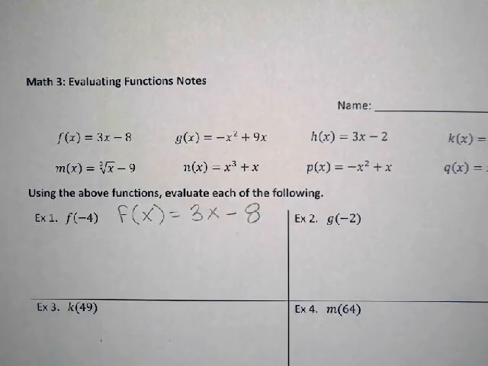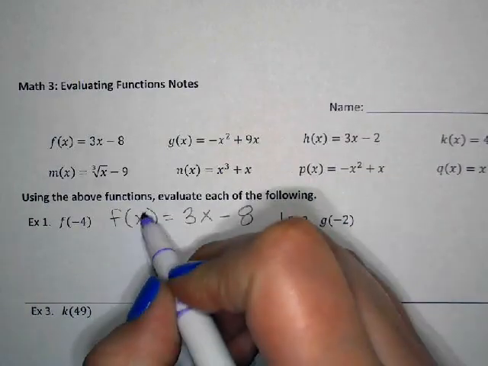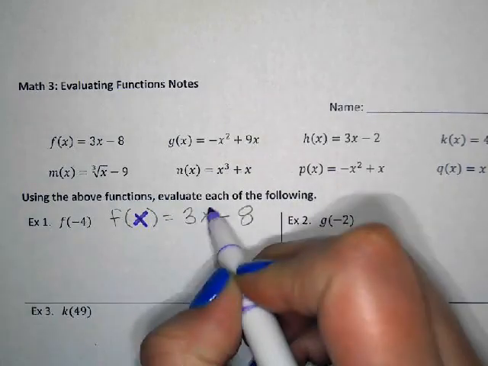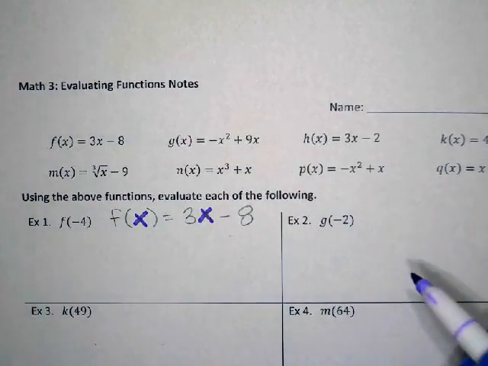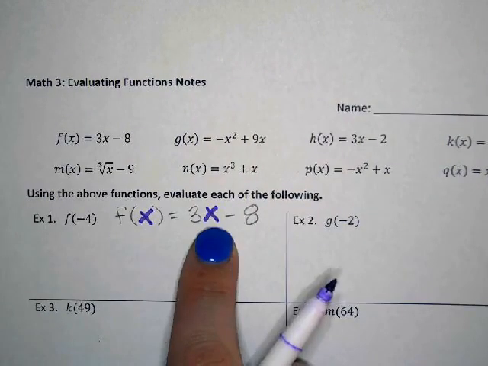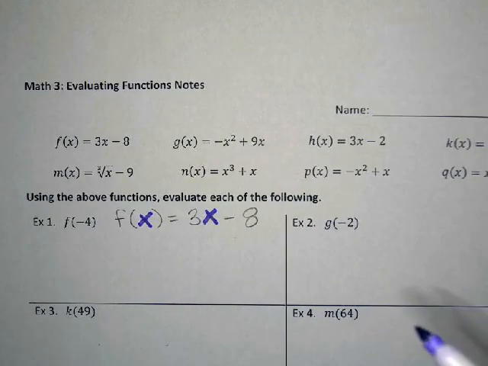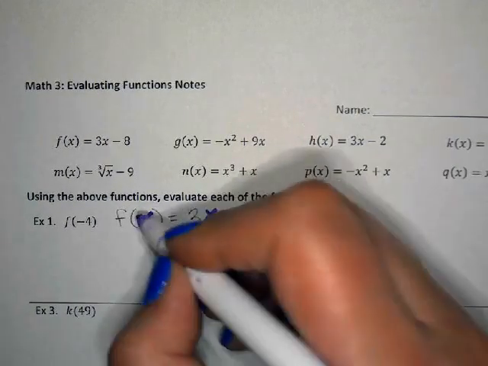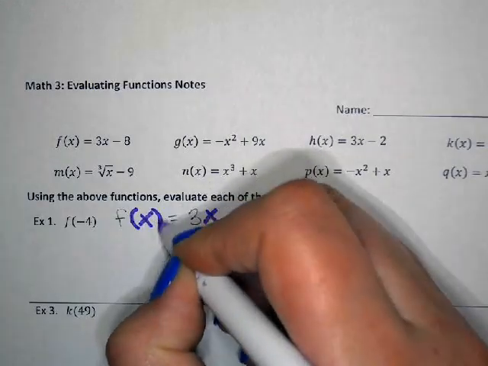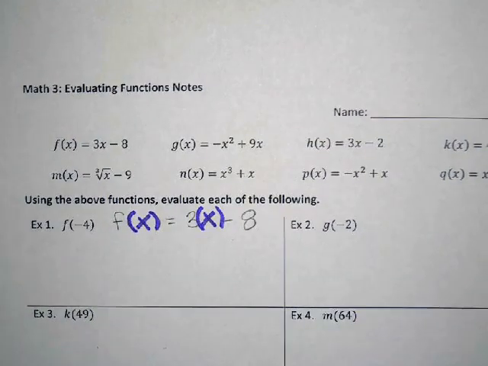And then I'm going to take my marker or my colored pencil and write on top of the x, because that tells me where I'm plugging in the number. So wherever I put an x, that is where I put the number. Now, what makes my life easier is I put parentheses around the x, because it's easier for me when I plug the number in with parentheses around it.